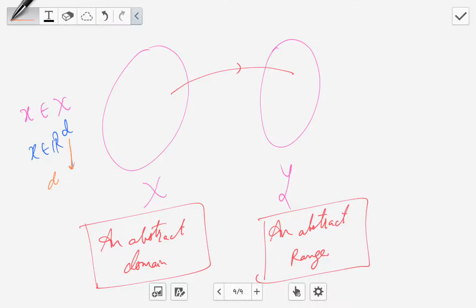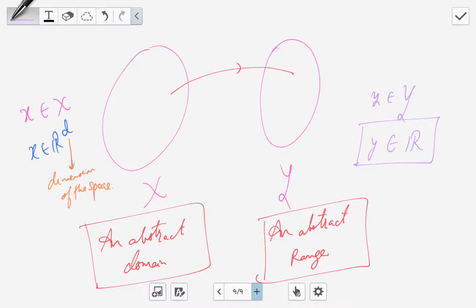And then let an element y belonging to capital Y be in just the scalar space. You could also take it to be complex, but let us take it real scalar. So it is like a vector mapping to a scalar.